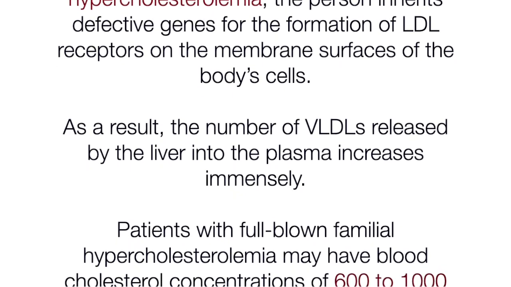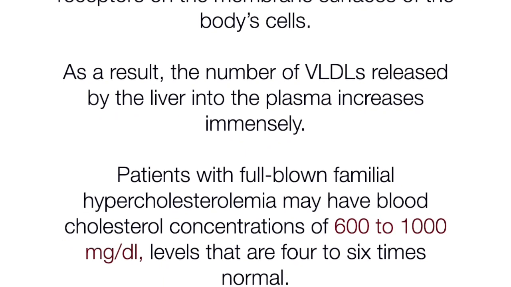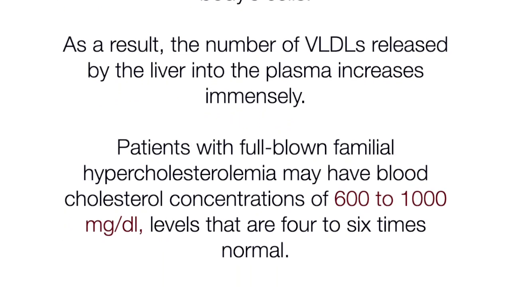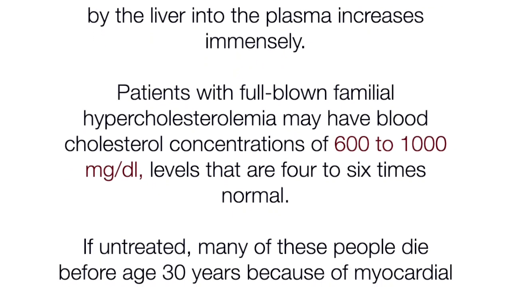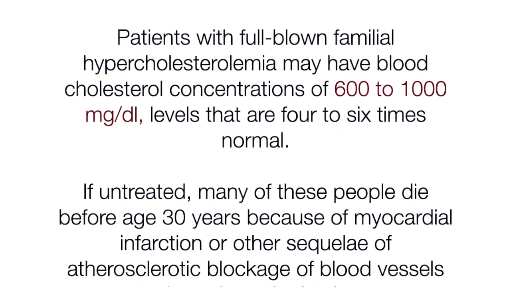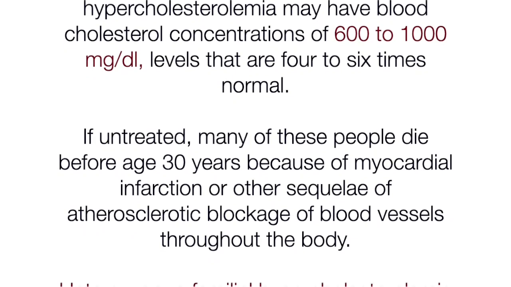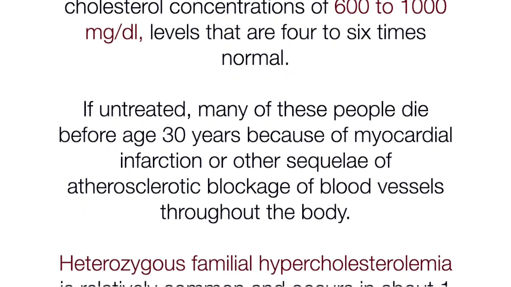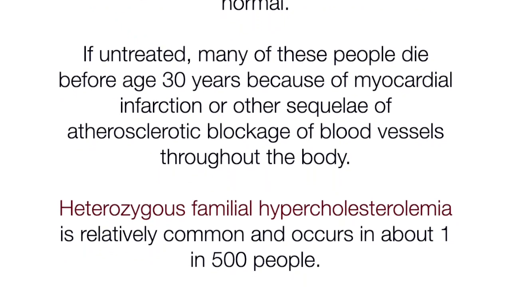Patients with full-blown familial hypercholesterolemia may have blood cholesterol concentrations of 600 to 1000 mg per deciliter, levels that are 4 to 6 times normal. If untreated, many of these people die before the age of 30 because of myocardial infarction or other sequelae of atherosclerotic blockage of blood vessels throughout the body.